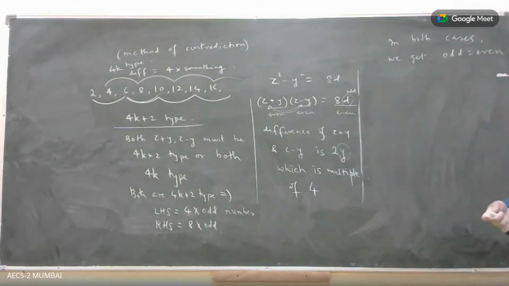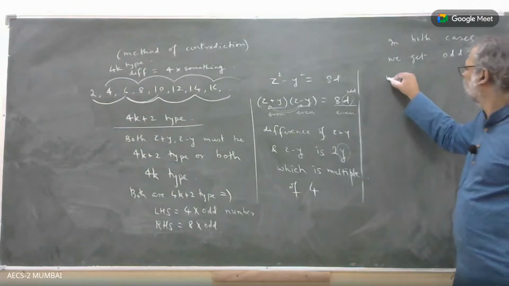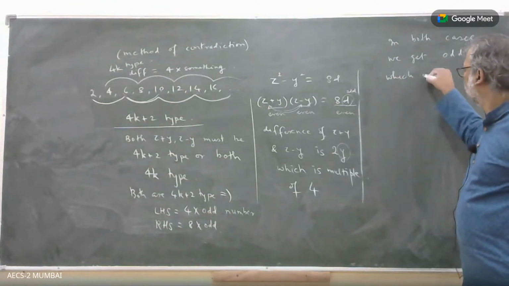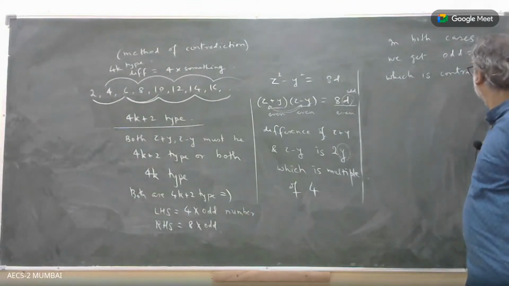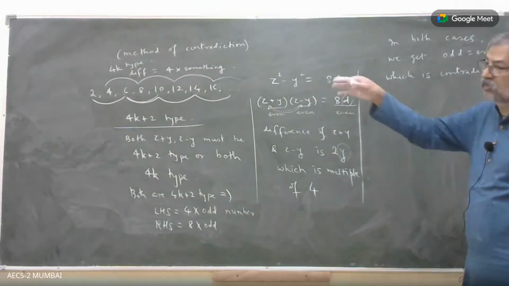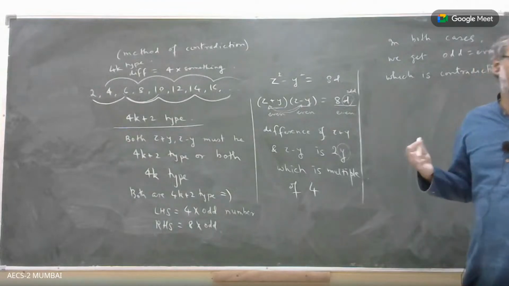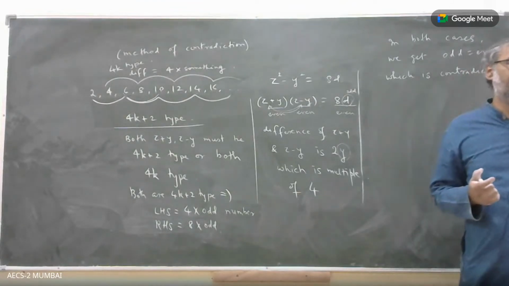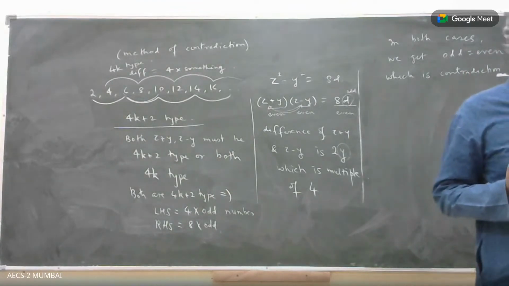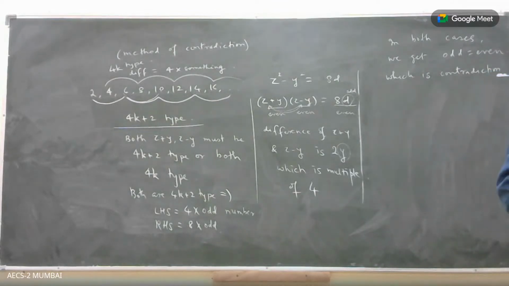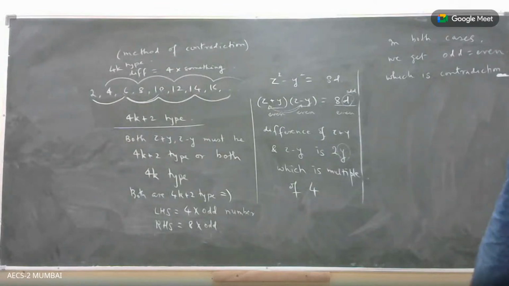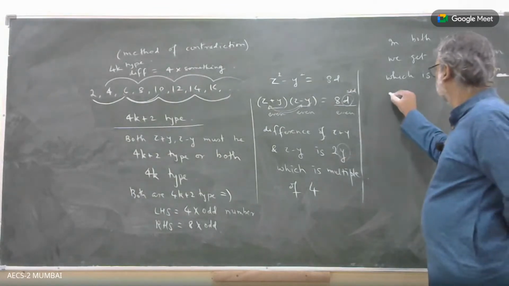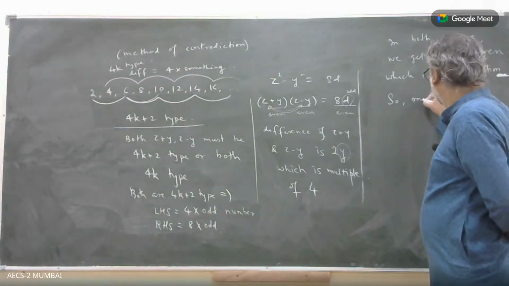Which is a contradiction. And why do we get a contradiction? Because our assumption was wrong. So what did we assume? That 2d minus 1, 5d minus 1, 13d minus 1, all three of them are squares. That is wrong. So at least one of them is a non-square.